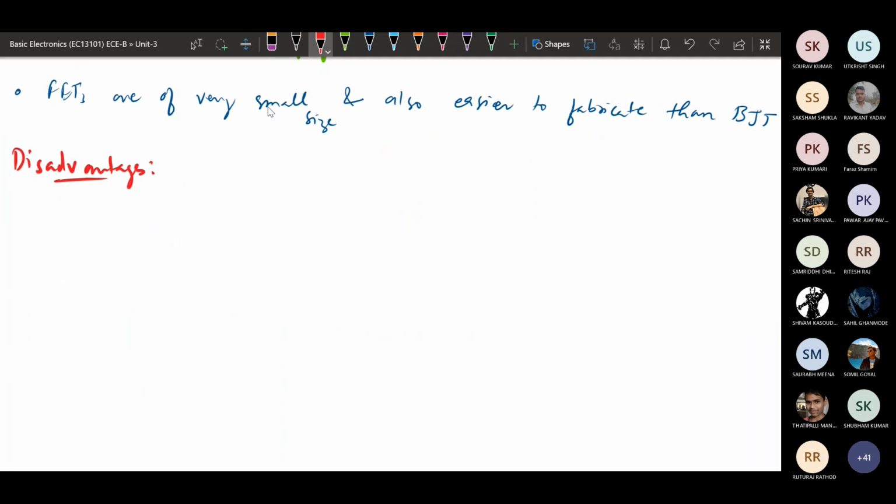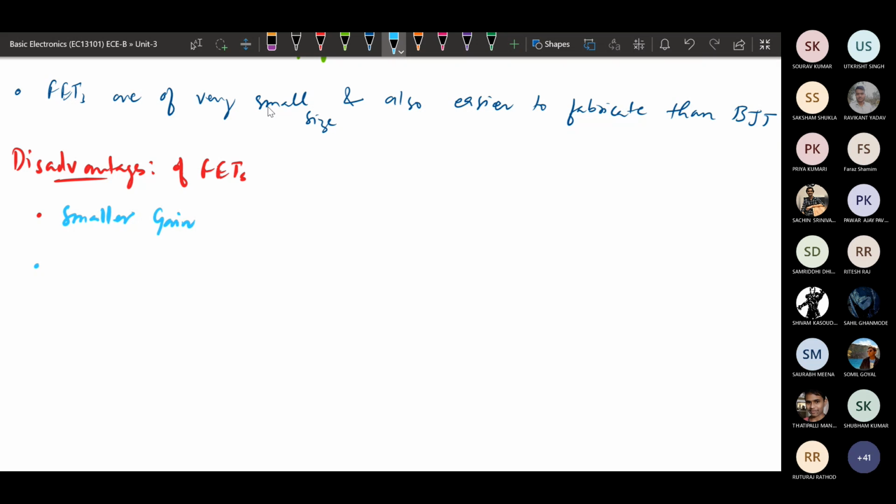So in terms of disadvantages for FETs, one of the first disadvantages is that it has a smaller gain. The gain of these devices, gain meaning the output divided by the input.